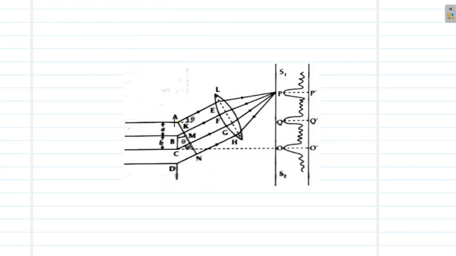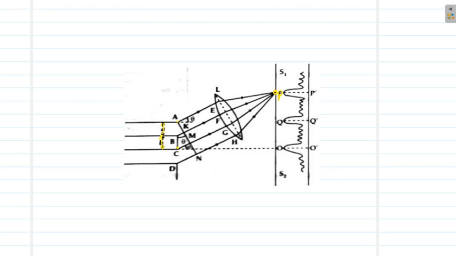This is the opaque region, the transparent region, its width is A. Then this is the opaque region, its width is B. Now they are traversing a particular path. They are being focused by a lens onto a point P. We are checking the path difference between the light waves produced from this point and this point on reaching P.